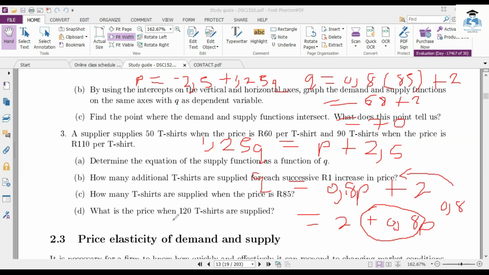So what is the price when 120 t-shirts are supplied? You can now use this one.